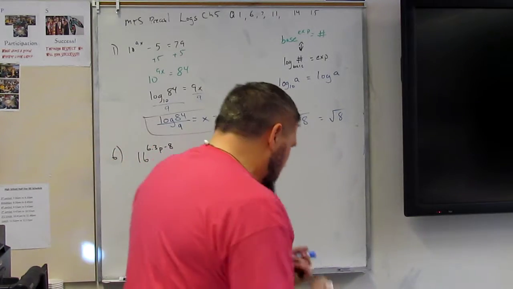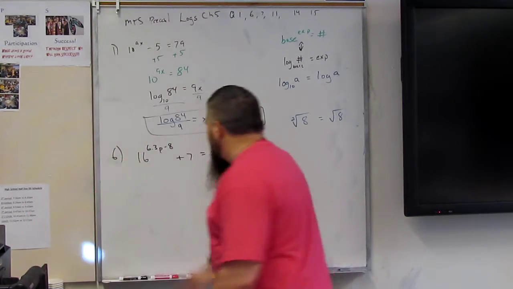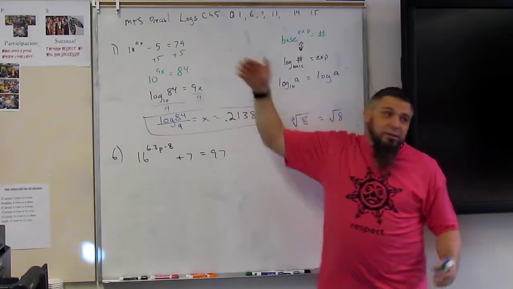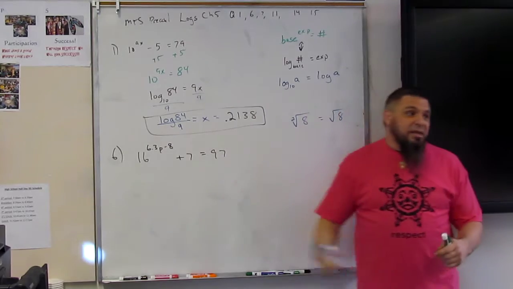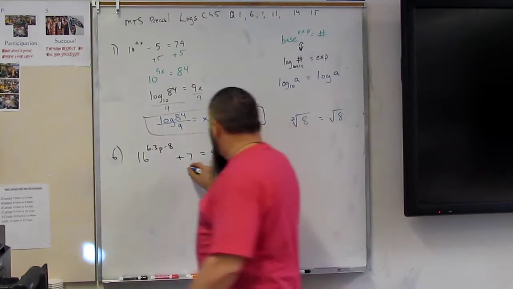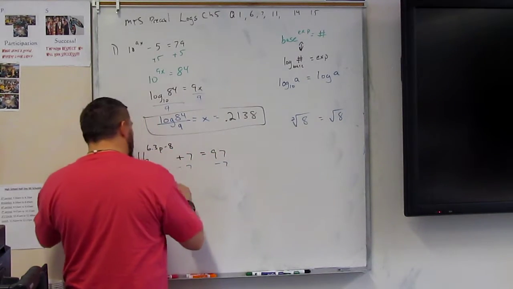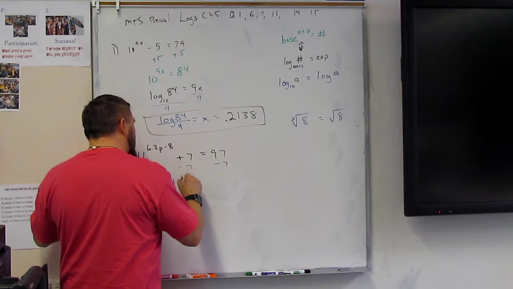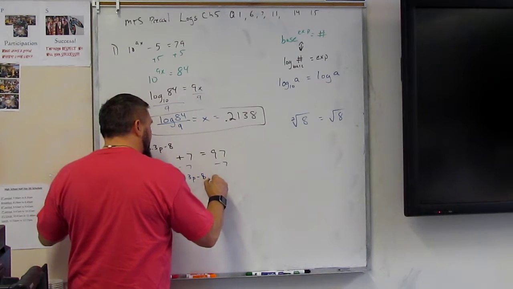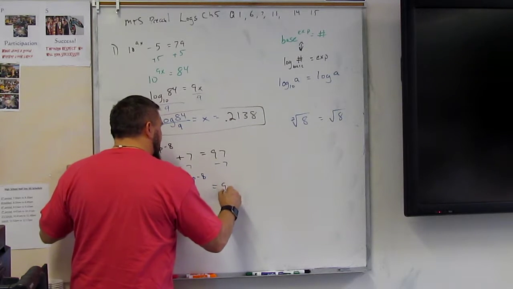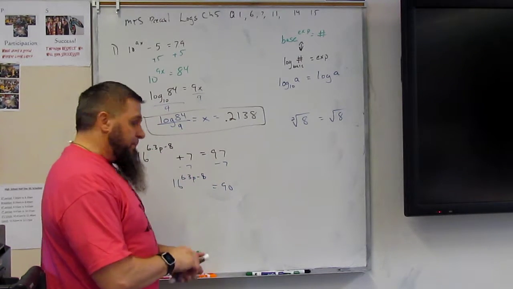In the same aspect as I did up here, I'm going to do the opposite. Opposite of plus 7 is minus 7. So I got 16 to the 6.3p minus 8 power, and that equals 90.